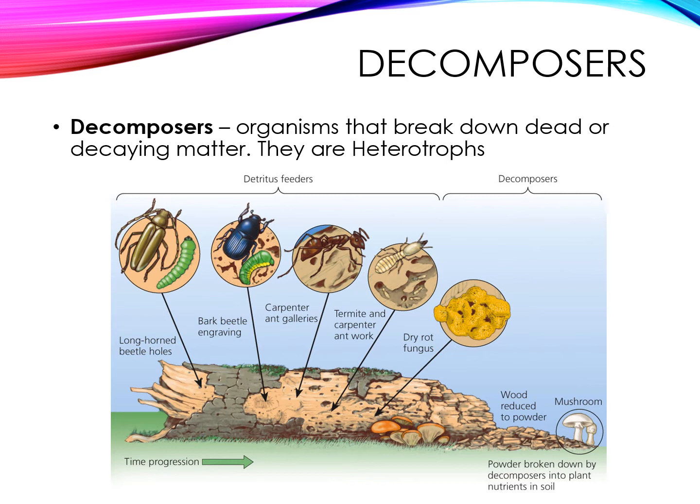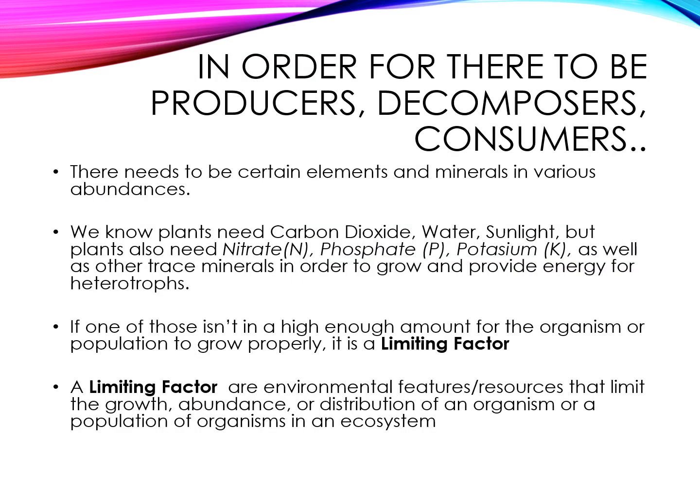And then eventually we get to a part where the tree is basically no longer existing anymore because it's been broken down into such small particles that its energy has now been reduced to just the minerals that can be recycled and used later.